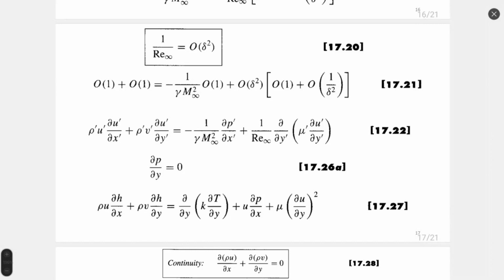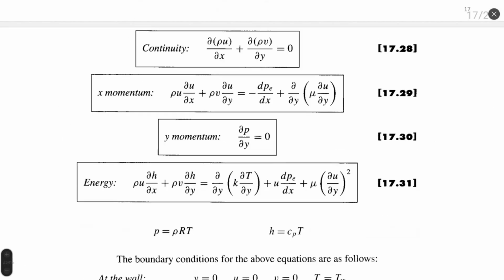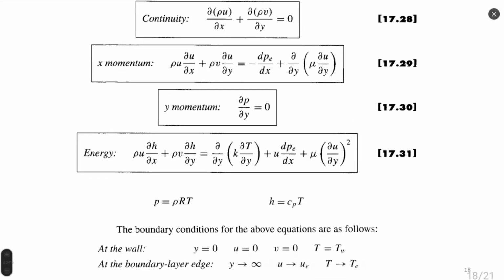And this is explained very nicely in our textbook, and also in computational fluid dynamics and heat transfer, where this transformation is made. All steps are described in a whole chapter of a book of computational fluid dynamics and heat transfer. Here I would like to show you the final result of this transformation from Navier-Stokes equations to boundary layer equations.